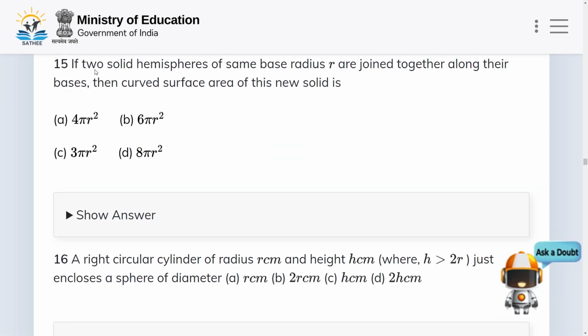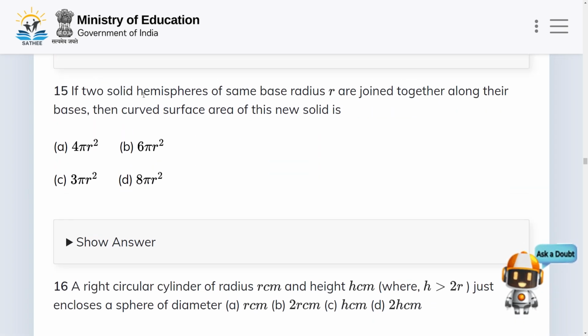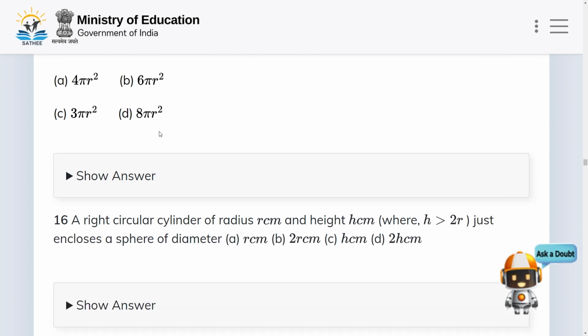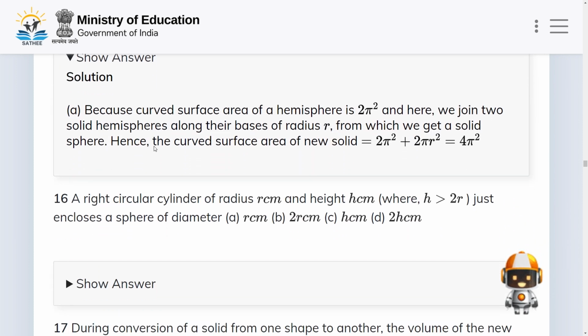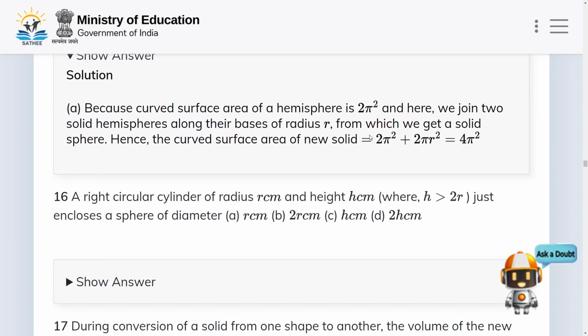In the next problem, we have: if two solid hemispheres of the same base radius are joined together along their bases, then the curved surface area of the new solid is what? So students, let us solve this problem. The curved surface area of a hemisphere is 2 pi r square, and here we join two solid hemispheres along their bases of radius r, from which we get a solid sphere.